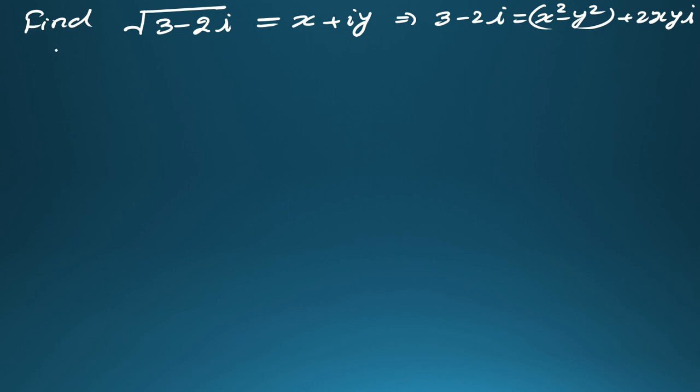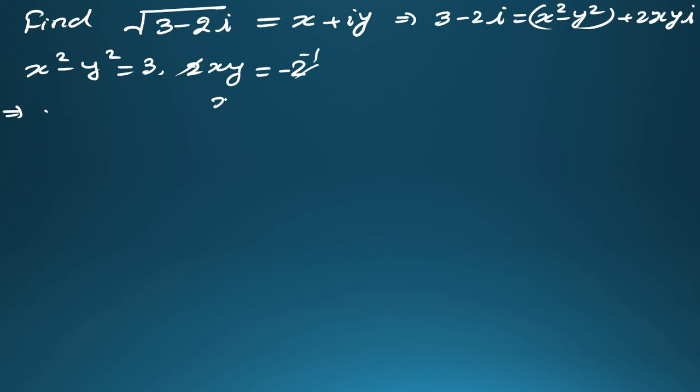By comparing real and imaginary parts, what you will get? x square minus y square is equal to 3 and 2xy is equal to minus 2. Now the 2 and 2 cancel out, here you will get minus 1. So xy is equal to minus 1. It means y is equal to minus 1 upon x.